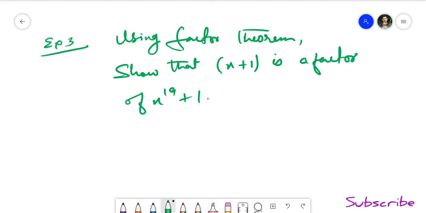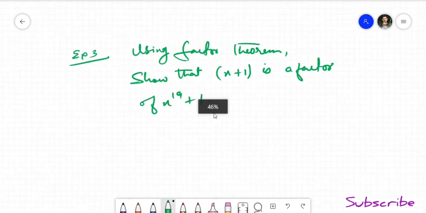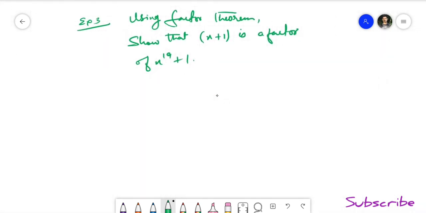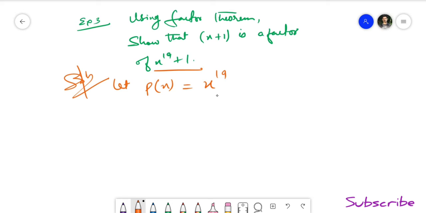It's very simple. As regularly as we take the question, we'll do like that one only before we have done. So we'll just say let, solution, okay, let p of x, because this is given to us, be equal to x to the power 19 plus 1, okay, and we'll take q of x equal to x plus 1, which is given.